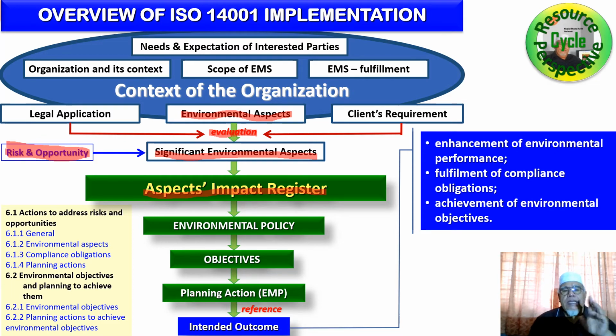Now, another thing, if you are new, you are about to establish an environmental management system, please remember this. Once you know all your environmental aspects, at that point, I believe you know exactly what your environmental issue is. Only then we start to formulate our environmental policy.